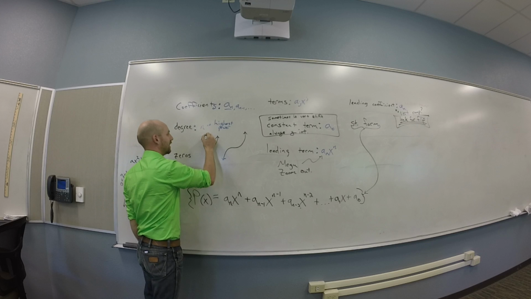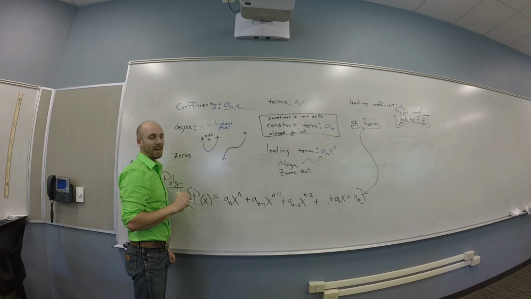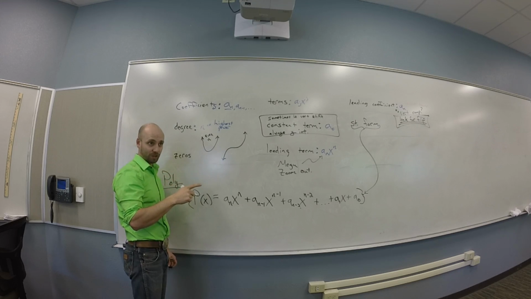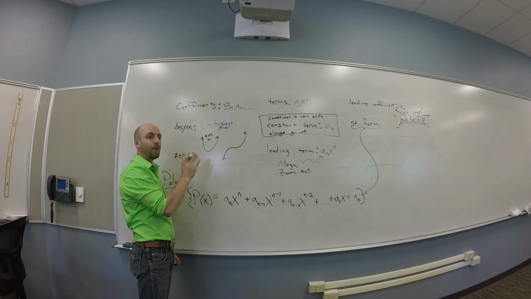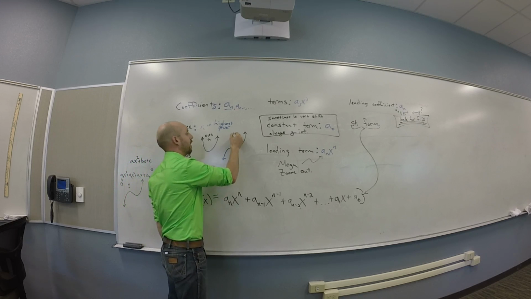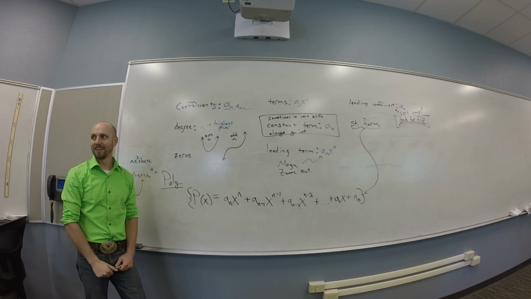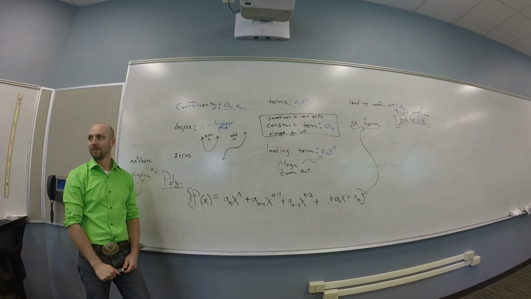So this one says even ends, because the mega zoom out looks like an even function. These don't have to be even or odd functions, because once you add those other terms in there, they might not work quite right. But at least if you mega zoom out, it looks even. If you mega zoom out, this thing looks odd. And that's actually why we call them even and odd. Those labels didn't make much sense for sine and cosine, but they make hella sense for polynomials. You guys cool with this?